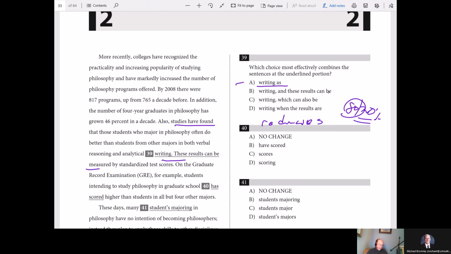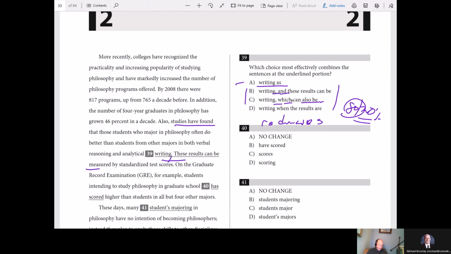Writing, comma, and these results can be. So I've got a comma and a conjunction. Writing, when these results are. Let's see if I can eliminate these. So when these results are measured, can be measured, can also be. Why would it be also measured? Because the studies have found this. So I think logically we can get rid of these, but let's see if there's a grammatical rule here.